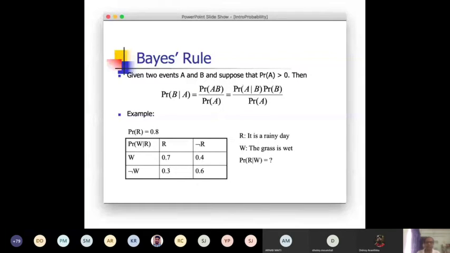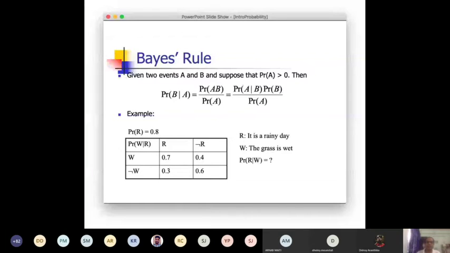So there are two possibilities: either there is rain or it does not rain. And for each possibility, for each event, the conditional probabilities are given when the grass is wet and when the grass is not wet.